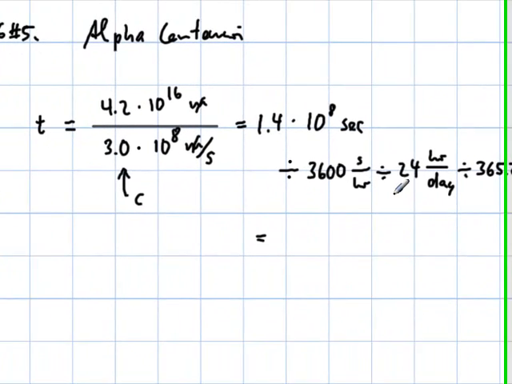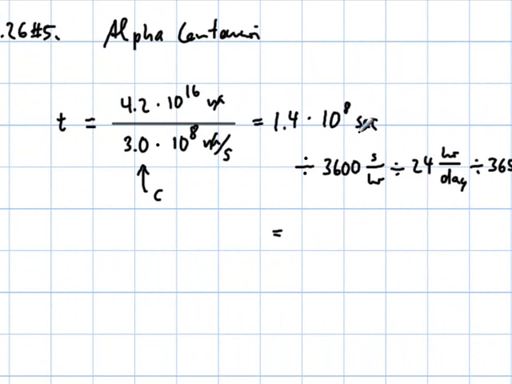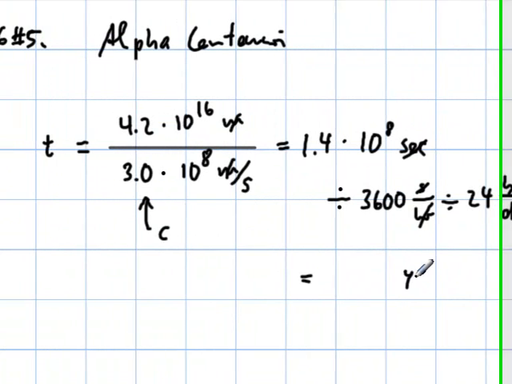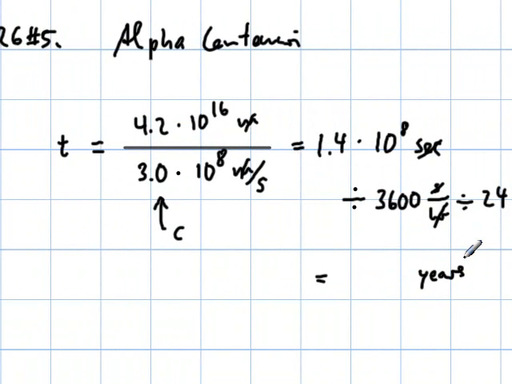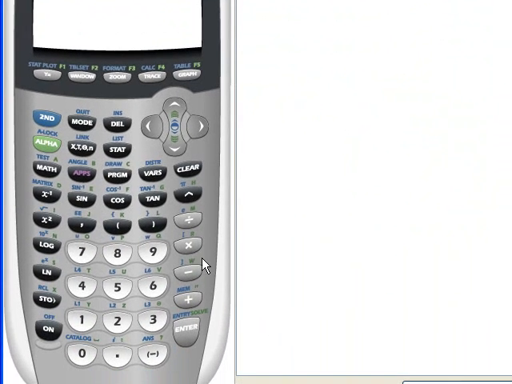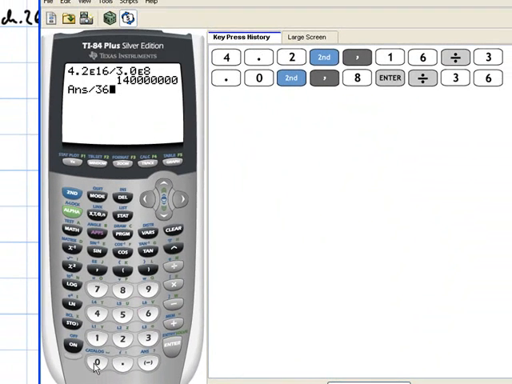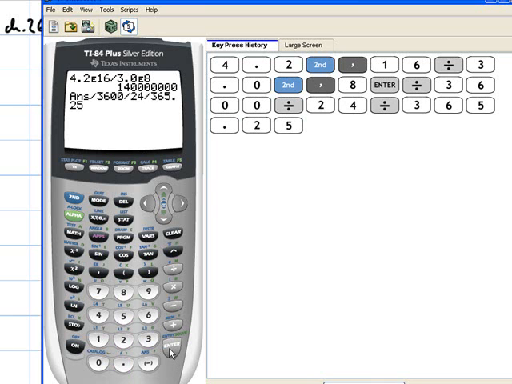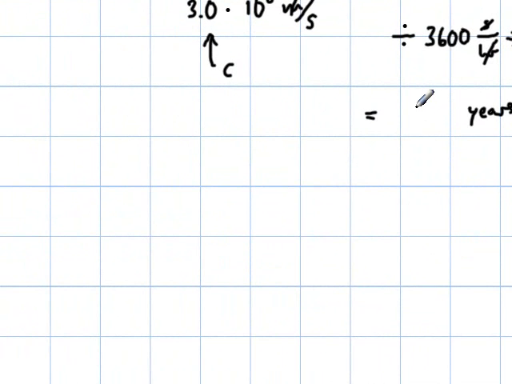And when you do these, then the seconds would cancel, the hours would cancel, the days would cancel, and what remains would be years, where you divide and divide, so you're going to have years in the numerator. And again, when I do that on the graphing calculator, divide by 3,600, divide by 24, divide by 365.25, 4.43, or around it 4.4 years.